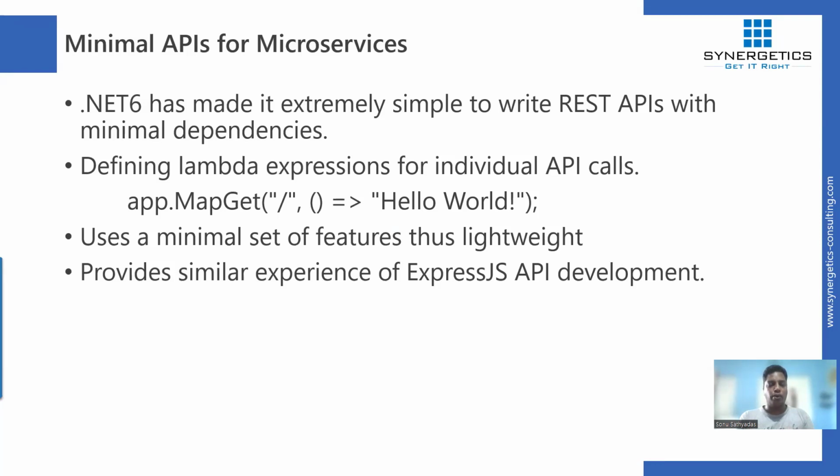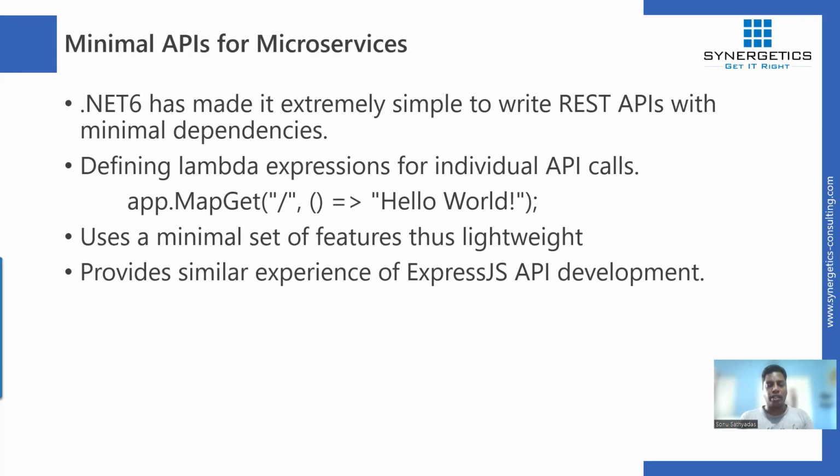You can use the web application object to define the API endpoints. You can use the map functions for defining these API endpoints, like MapGet, MapPost, MapPut, and MapDelete. Every map function takes a minimum of 2 arguments.